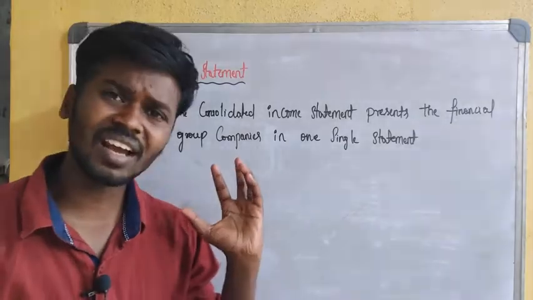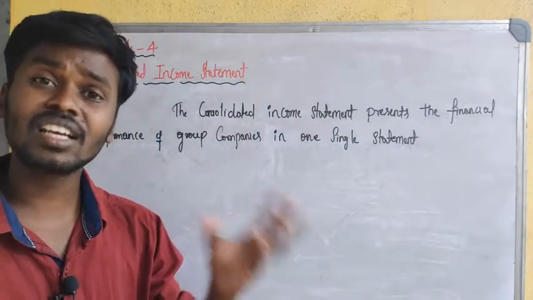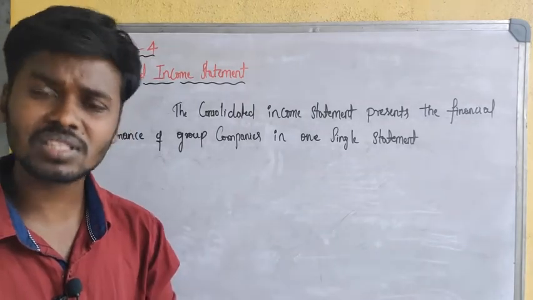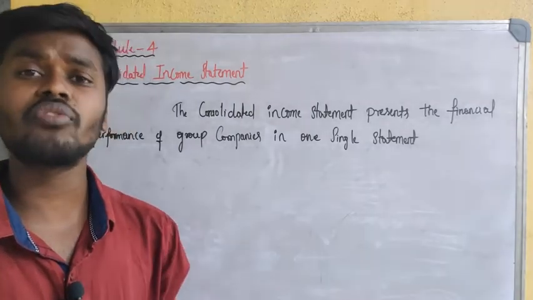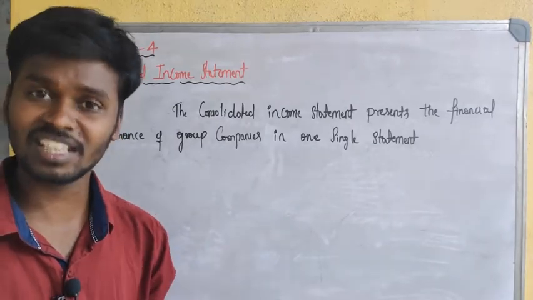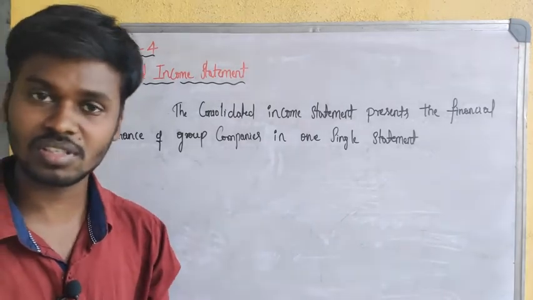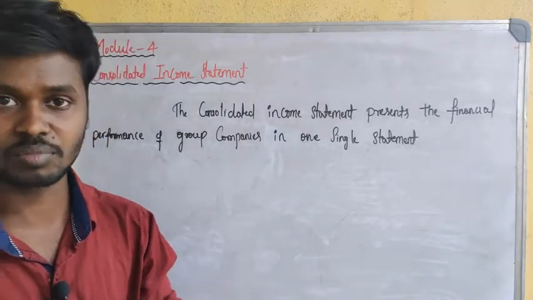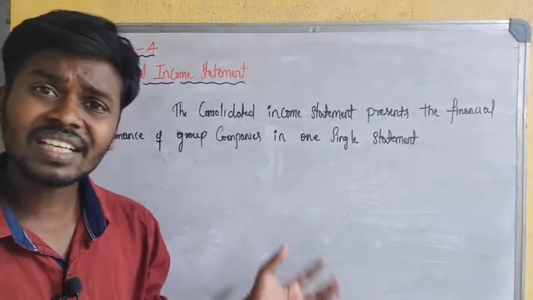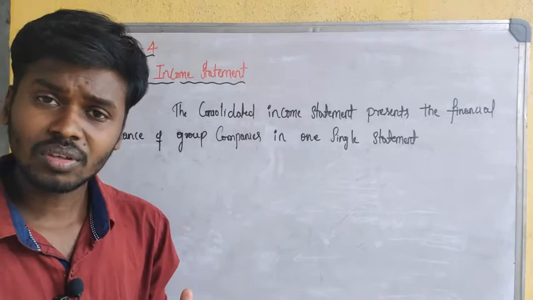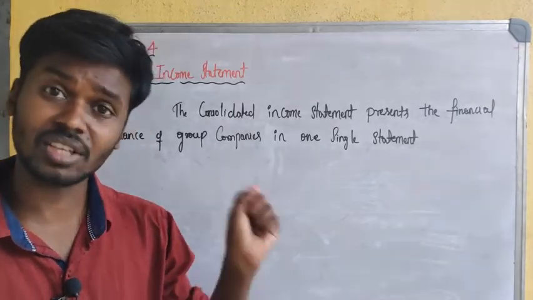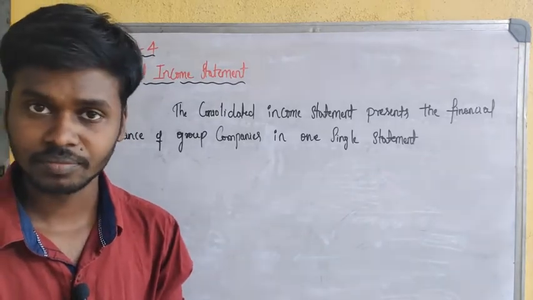So what is this income statement, or income and expense statement? This statement is prepared by most business organizations to know the net profit or net loss, gross profit or gross loss, operating and non-operating expenses, and operating and non-operating incomes. The consolidated income statement follows the same principle as the consolidated financial statement.